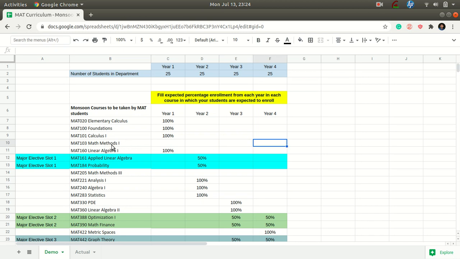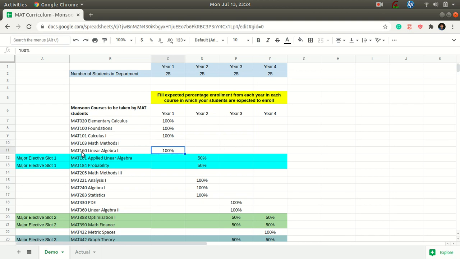That is, in MAT 103, no first year math major students are supposed to be enrolled. Other department students, other first year engineering students take this course. So math students will not be enrolling in MAT 103. So I will leave that as blank.